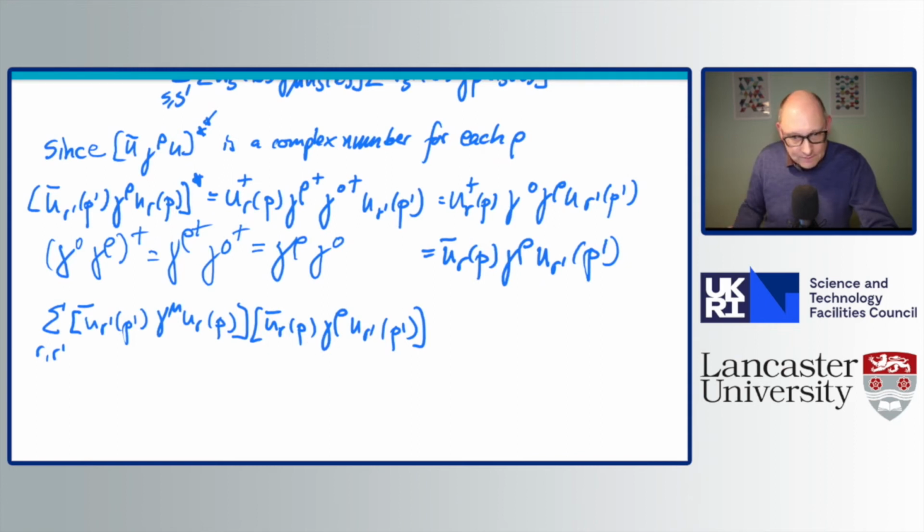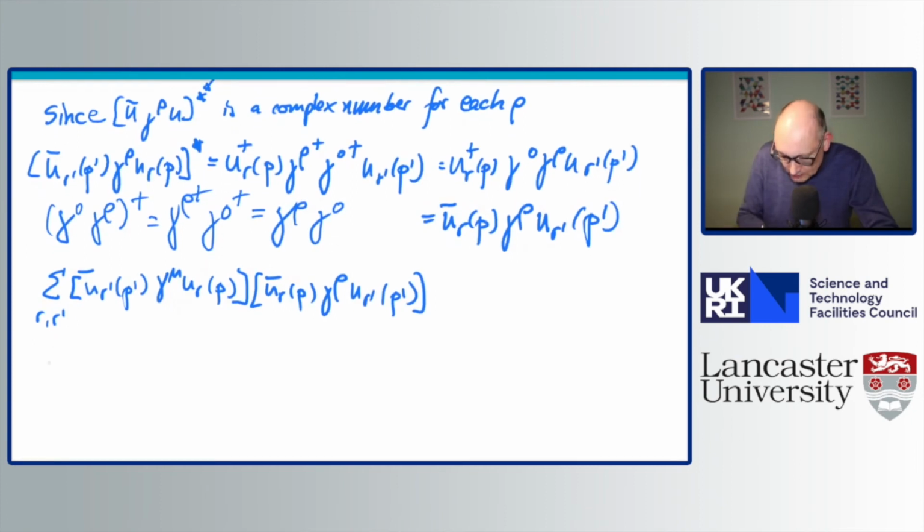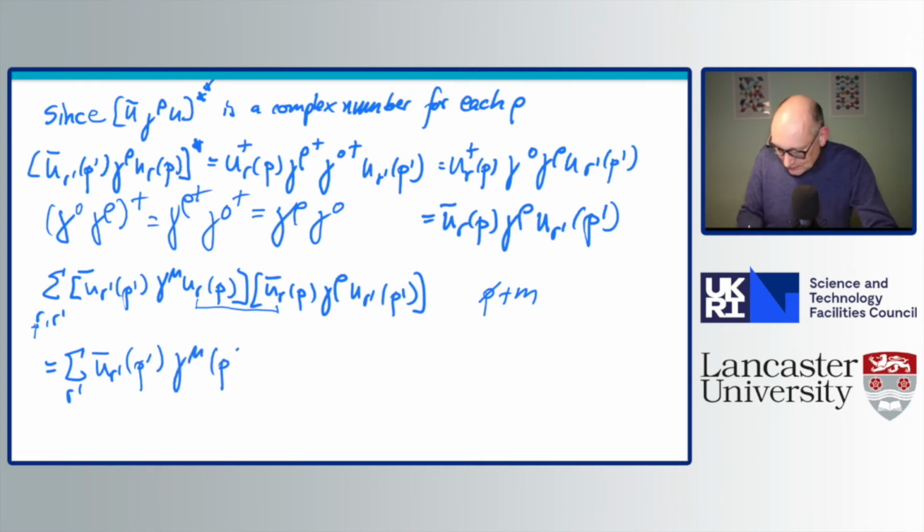That's what we have here, exactly. Now, this is equal to, when we sum over R, u ū, we get p slash plus M. So therefore, this double sum here becomes just the sum over R′ of ū_R′(p′) γ^μ (p slash plus M) γ^ρ u_R′(p′).